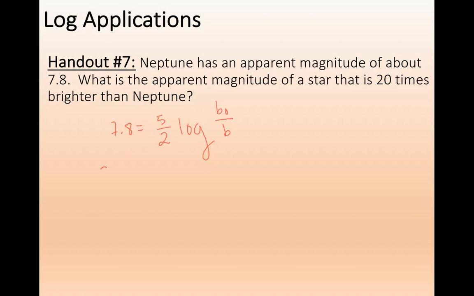So I would use something minus 7.8 equals 5 halves log of, well, this is going to end up being 20, right? Because of how I just set it up. I want it to be brighter than this one. So this is going to be the brightness of Neptune, right? So let's say brightness of other. I want to end up with brightness of other over brightness of Neptune to be 20.